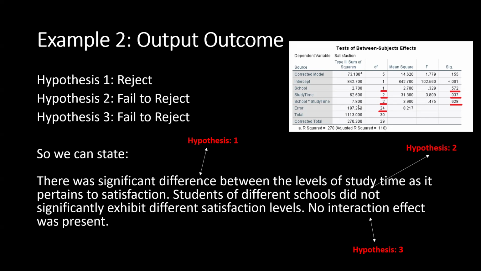And finally, we look at our value here, school star study time, and that is 0.628 significance, which is greater than 0.05, so no interaction effect was present. So only study time and the hypothesis related to such is significant because it's 0.037, which is less than 0.05.